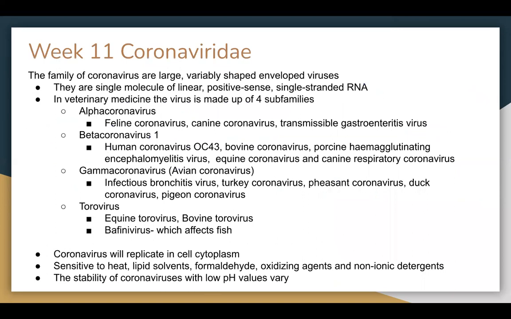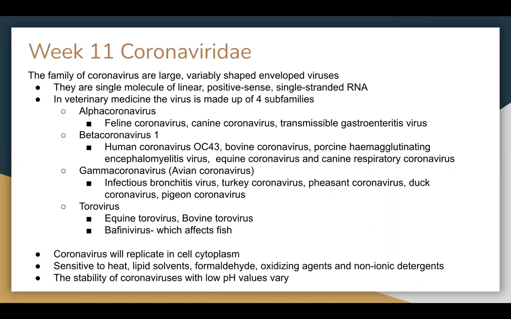The coronavirus is a large, multi-shaped enveloped virus. There are singular molecules of linear positive-sense single-stranded RNA. The virus family is made up of 4 subfamilies: the alpha coronavirus, which has the feline coronavirus, canine coronavirus, or transmissible gastroenteritis virus.